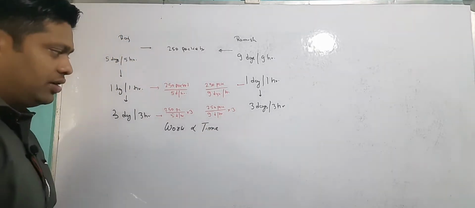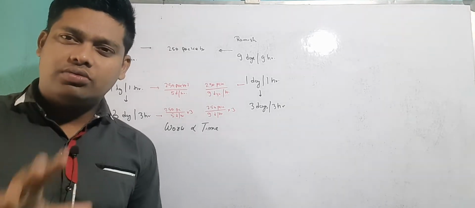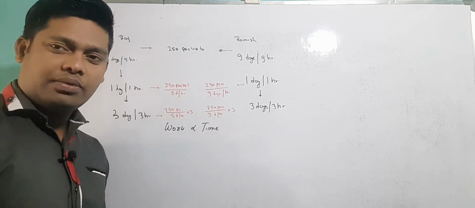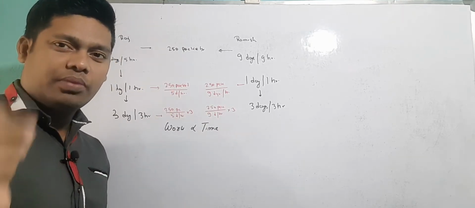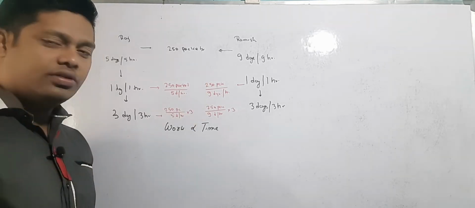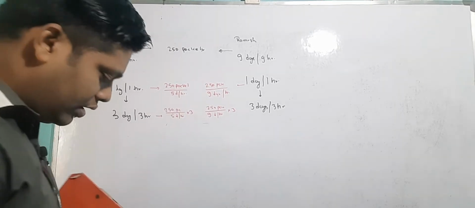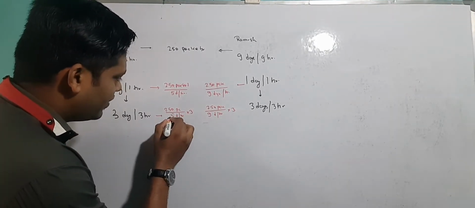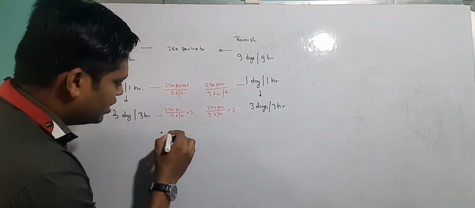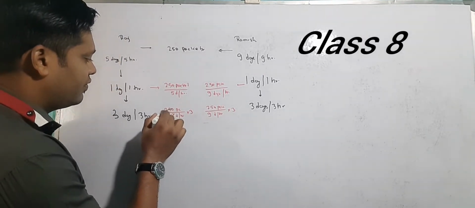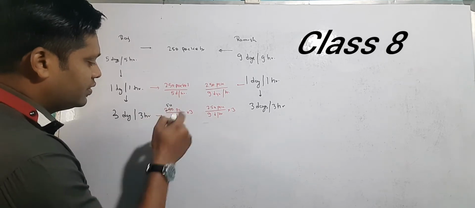Clear? I'm just doing it very slowly, after completing the concept, when we go into the chapter I will increase my speed because there are many topics which we need to cover. You understood up to here? So now let's work out how many packets come out. Here 5 ones are 5, 5 fives are 25, 150. 5 ones are 5, 50, here 5 threes are 150.